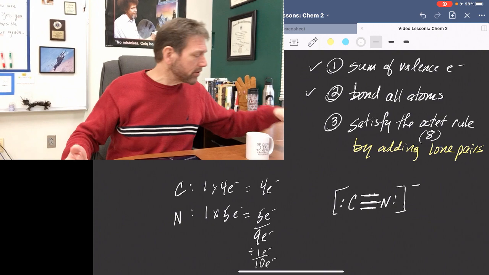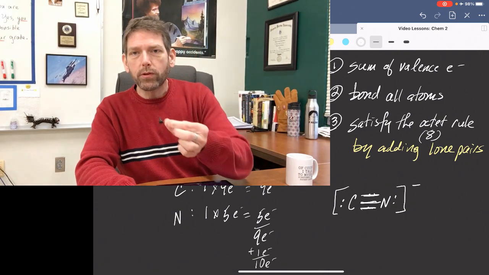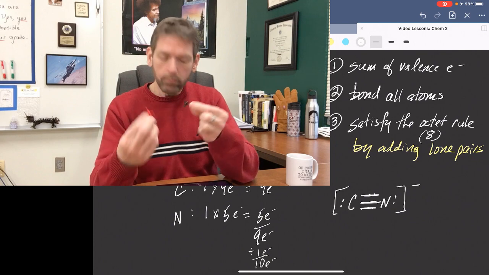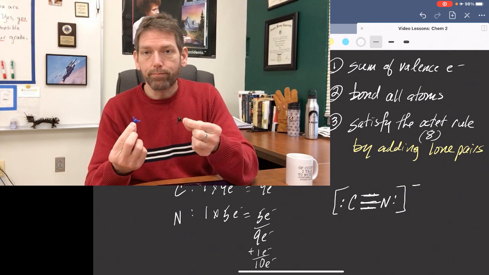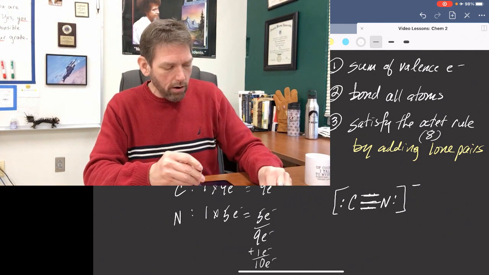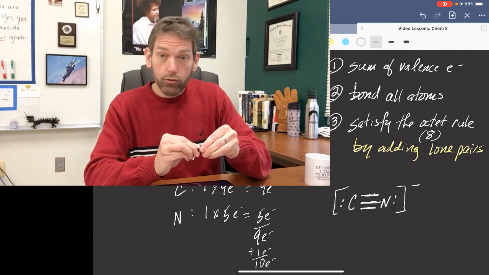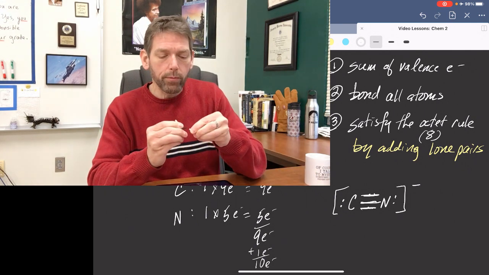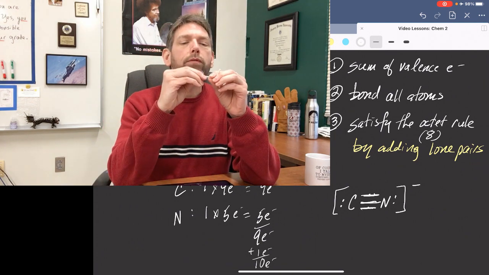So let's build this thing. So we've got carbon, right? Remember, carbon's the black piece, and then we've got nitrogen. So this time, actually, I need a blue. So we've got carbon, and according to this, there are 3 bonds. So that's 1, 2, and then 3. So I'm going to use the smaller kit that we learned in the previous video.